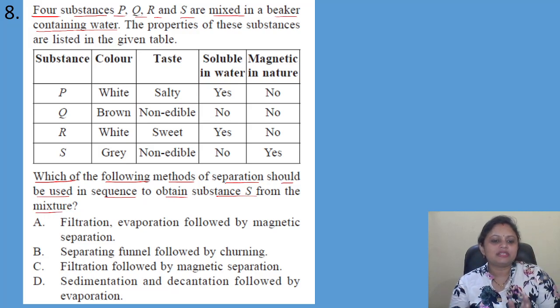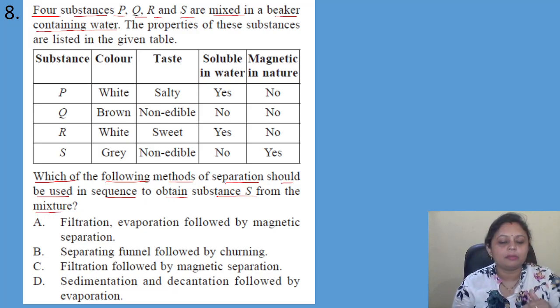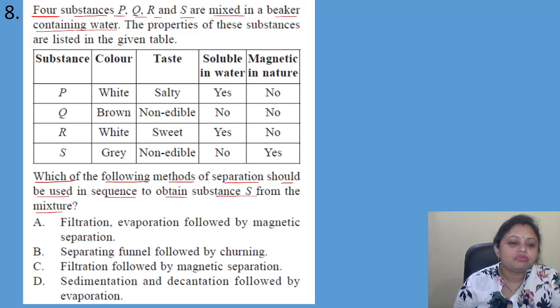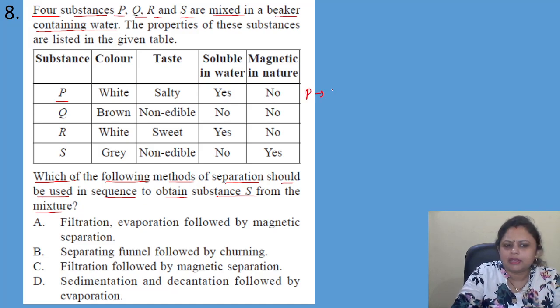So what separation techniques do we have to follow to get substance S out of the mixture? So the first one is substance P, that is white in color, salty taste, soluble in water, magnetic in nature. So we can say that P may be salt.